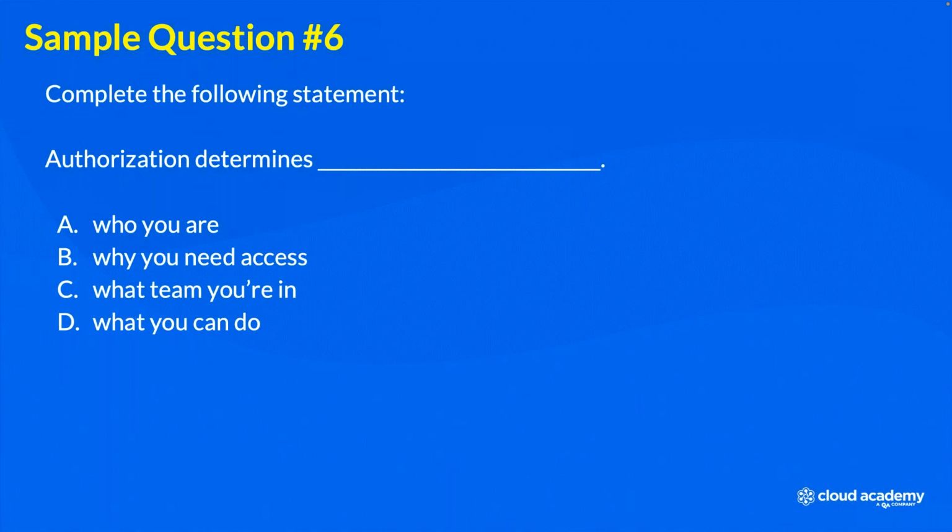But what you can actually do, what you're allowed to do, the permissions that you have inside of Azure, that's something that's under authorization. And that's actually handled by a separate system, not Azure Active Directory, for the most part. There's a separate system called role-based access control. And that's the one that's for authorization. So the answer is D.